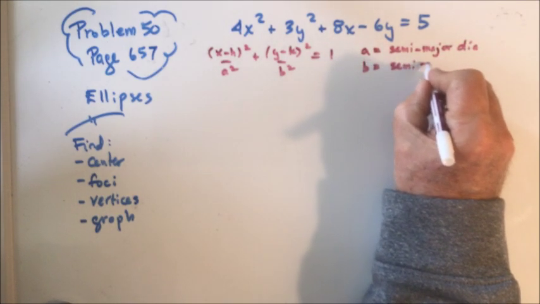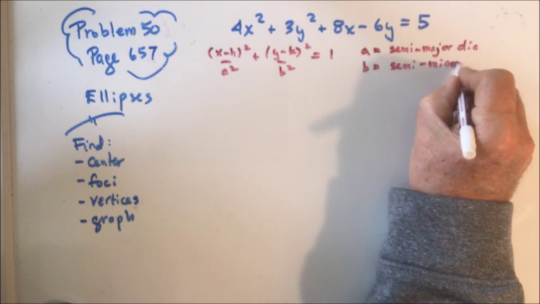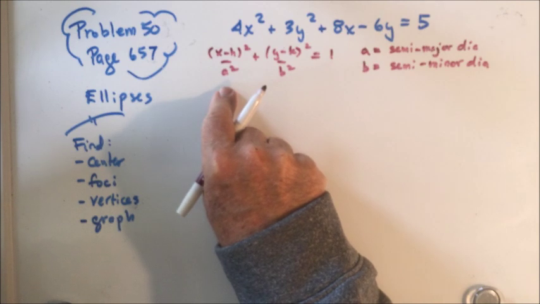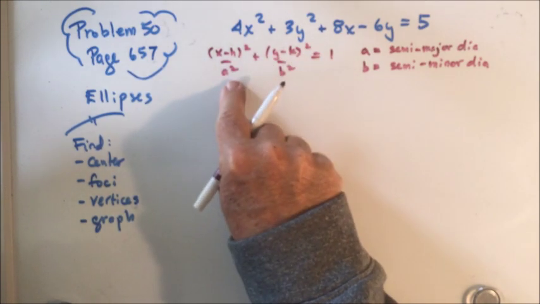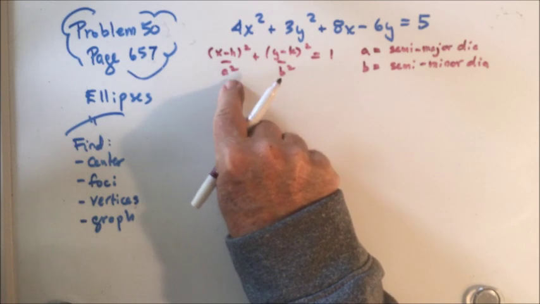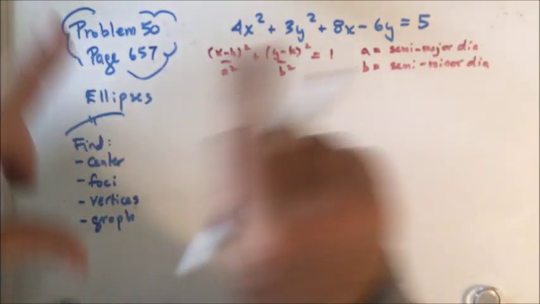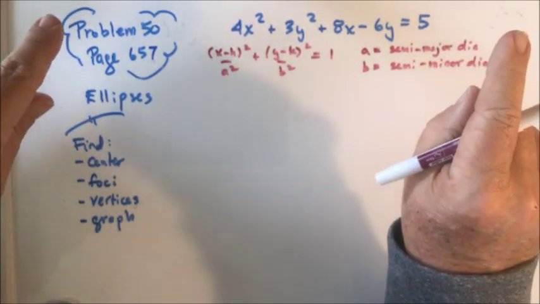Semi-minor diameter is b. The thing is, it may not be parallel to the x direction. I have written a form right now that is appropriate for a football on its side, where the semi-major axis is parallel to the x-axis.